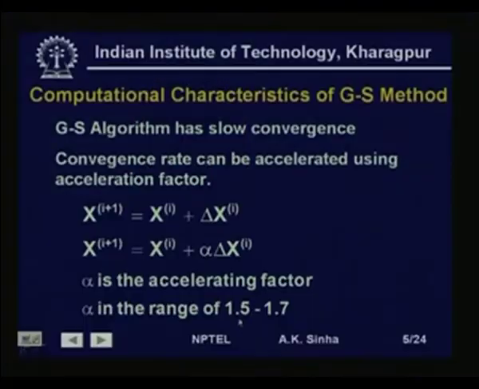Though in many cases, if we use this alpha in the range of 1.5 to 1.7, it has been found that generally these values will provide much better convergence than if we are using no acceleration, that is alpha is equal to 1 only. So, some acceleration of Gauss-Seidel algorithm can be achieved by using an acceleration factor added to the updates that we get.